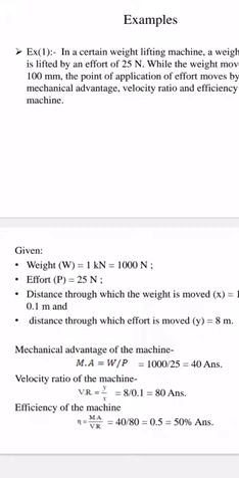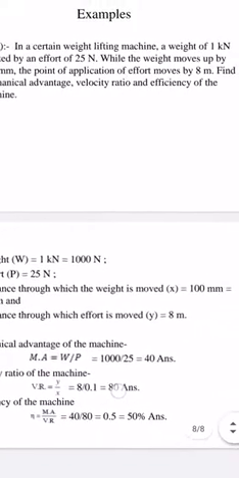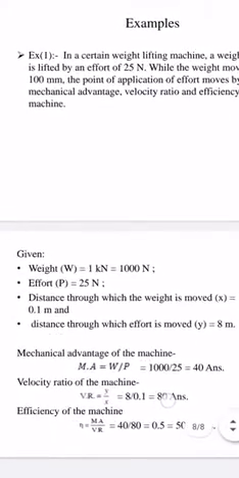So 8 upon 0.1 is equal to 80. Answer. Now the efficiency of the machine. Efficiency of the machine is mechanical advantage upon velocity ratio. So mechanical advantage is 40, velocity ratio is 80. So what is the efficiency? 0.5. 0.5 means 50%. So all three we wanted, we got: mechanical advantage, velocity ratio, efficiency.